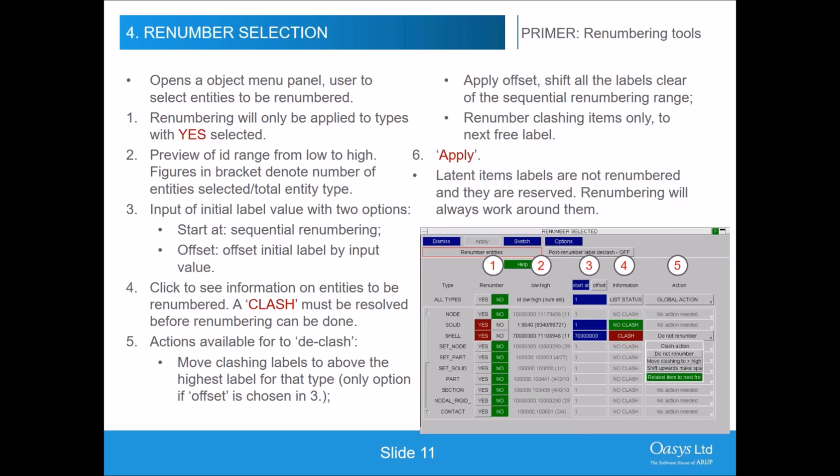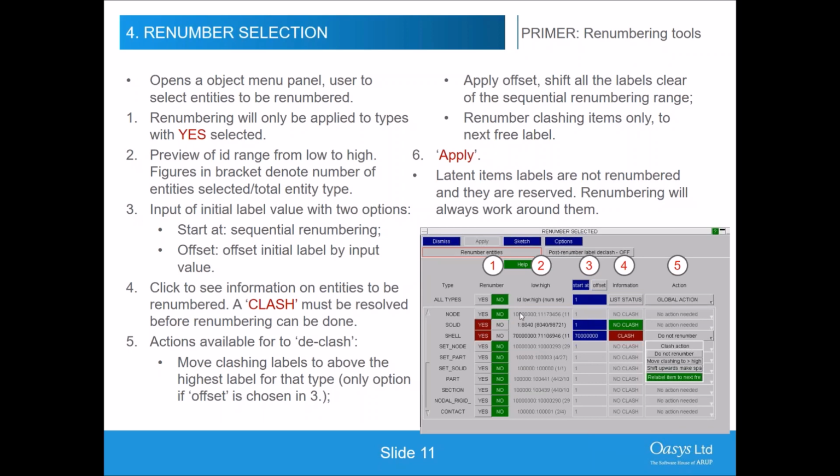That's possible. And renumbering will only be applied to those items, and specifically if you tick yes. If it's on no, it wouldn't do anything, it wouldn't even allow you to type in numbers, so you must select yes in order to apply any renumbering functions.